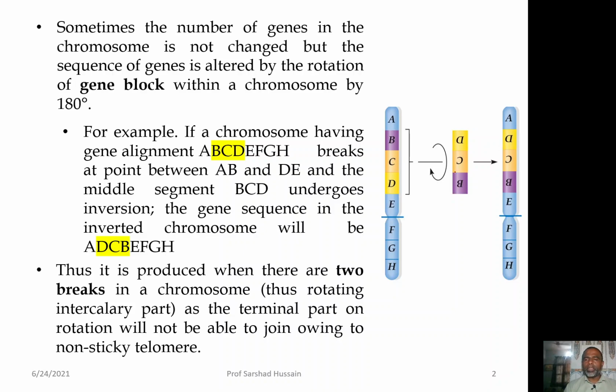Say for example, in order to rotate this block of the gene in a chromosome, a break must take place between A and B, and another between D and E, and after rotation the ends will join in such a fashion that D will join with A and B end will join with E, so that the segment gets rotated.